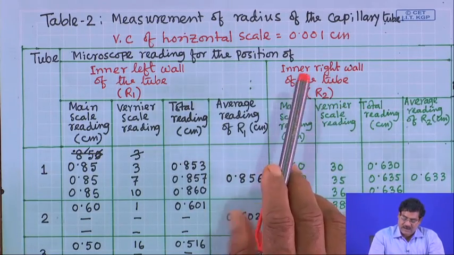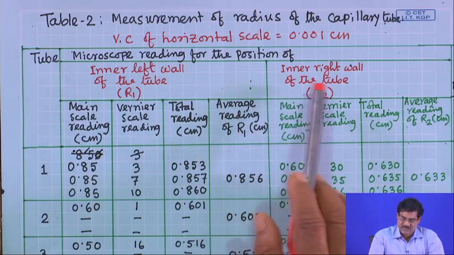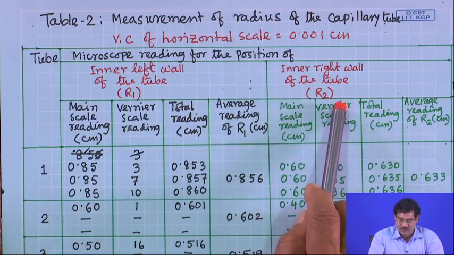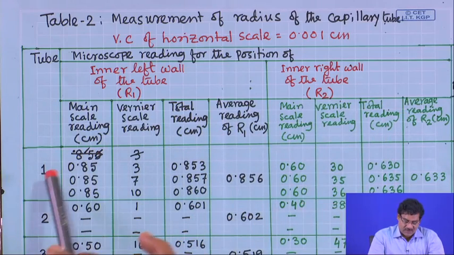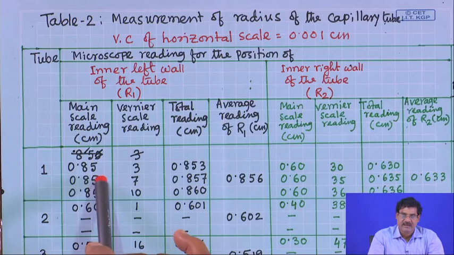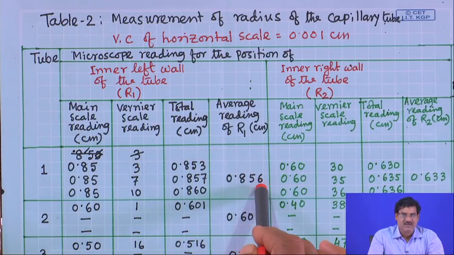So, this is the inner cursor you set; just shift it to the inner right wall of the tube. That reading is R2. So, for tube 1 again you take 3 readings and from there you take the average.